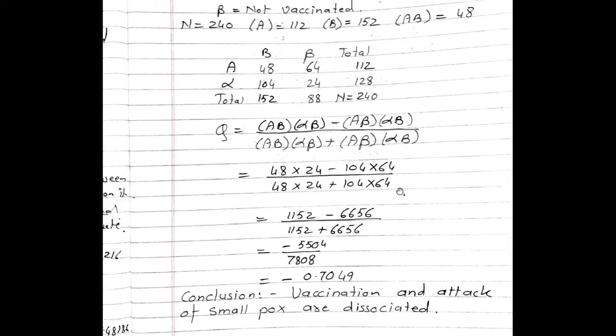So replace the values and get the answer: 1152 minus 6656 divided by 1152 plus 6656. So the final answer can be written as minus 5504 divided by 7808, which is equal to minus 0.7049. Therefore, conclusion: vaccination and attack of smallpox are dissociated because negative association is there. So we can say that they are dissociated.